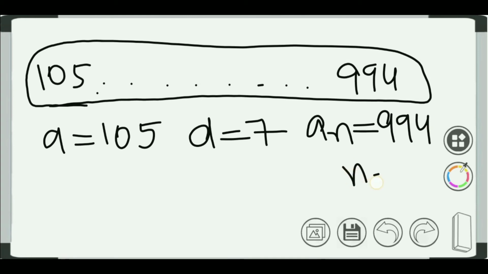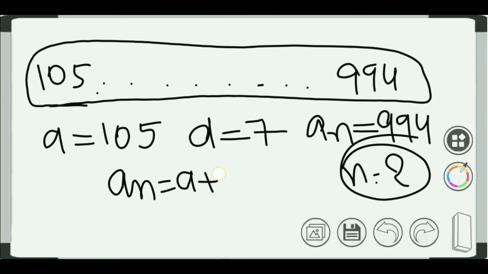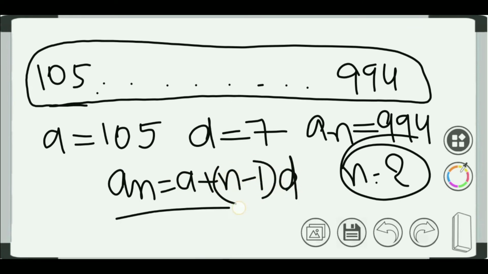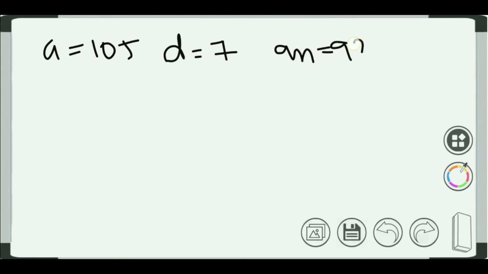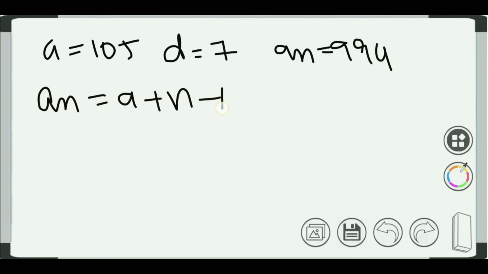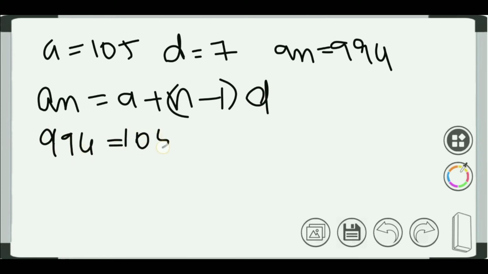Now I can find the N value by putting these values in the formula, An is equal to A plus N minus 1 into D. An is 994, equal to A is 105 plus N minus 1 into D.